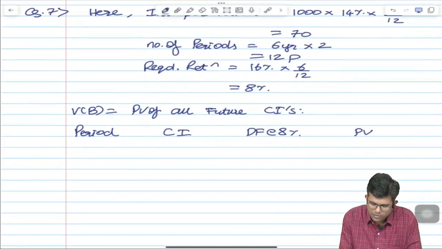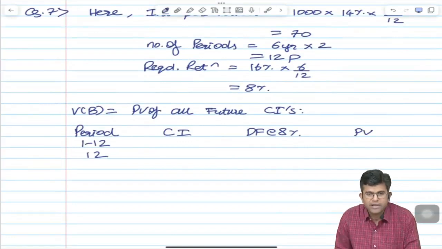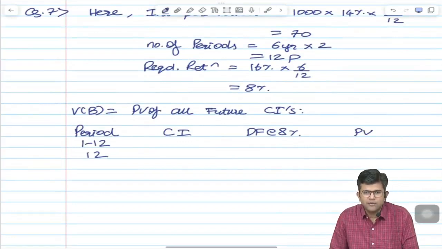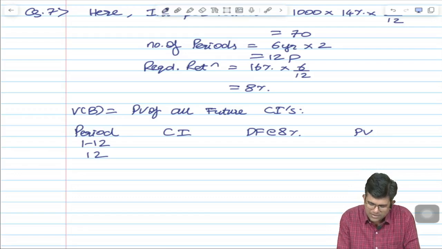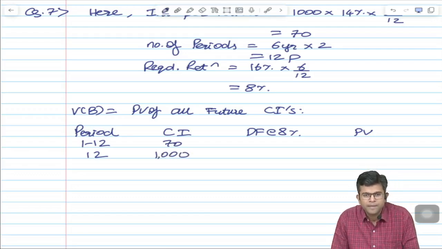In period, do you realize what I have written? Take your time. You're understanding this? For 12 periods, you will get 70 per period. And at the end of the 12th period, you will get your 1000 rupees back. Got clarity? The whole calculation will happen on a semi-annual basis. Got it, no? Semi-annual discounting it is called.